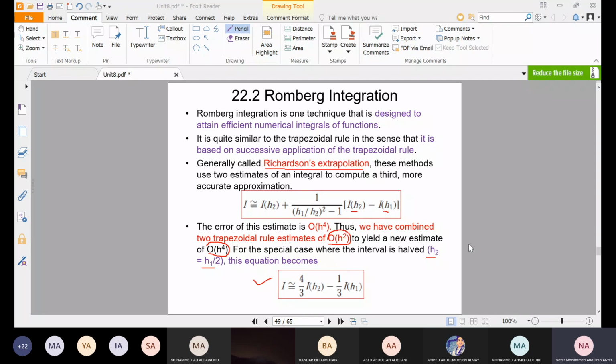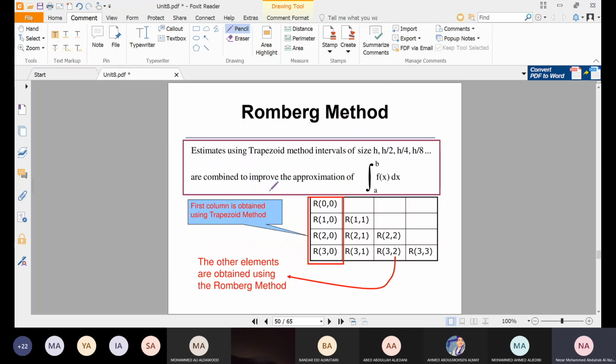So this is like what we did before in the Richardson method. The Romberg method uses the trapezoid rule with sizes h/2, h/4, h/8. This is the first column that we have here.